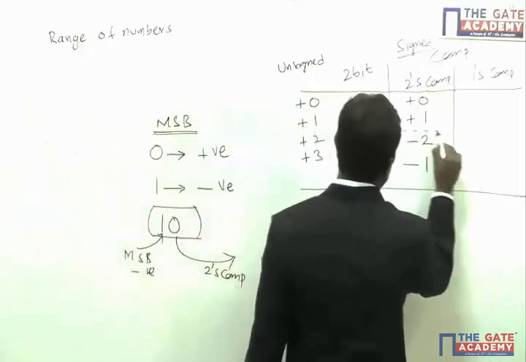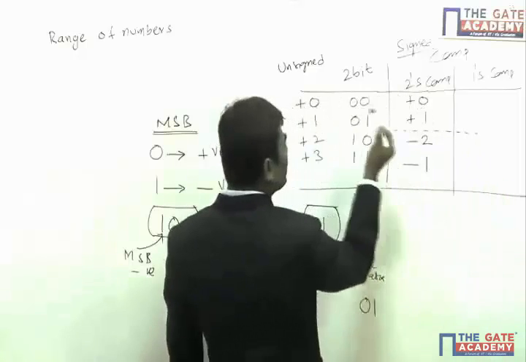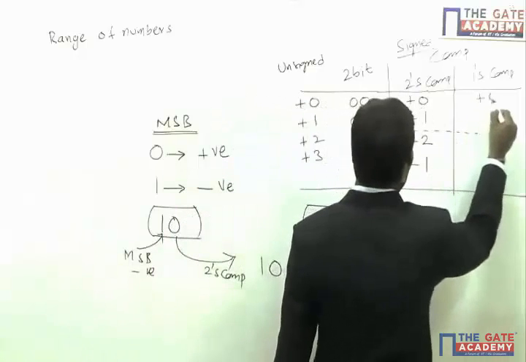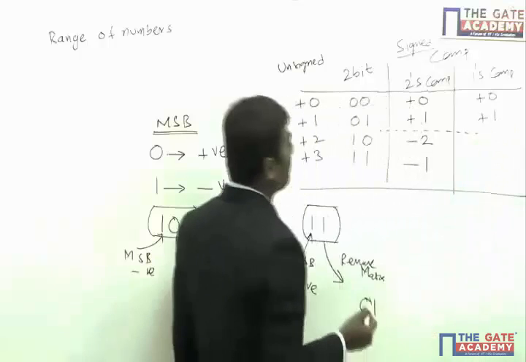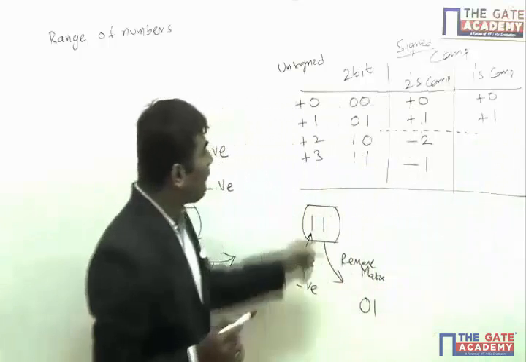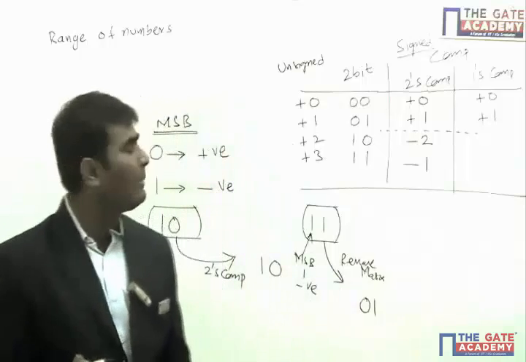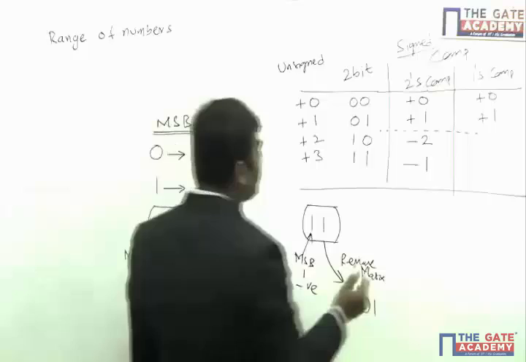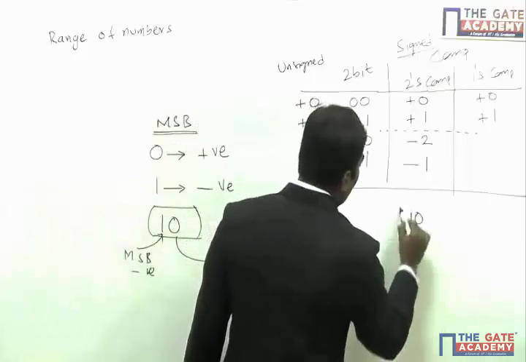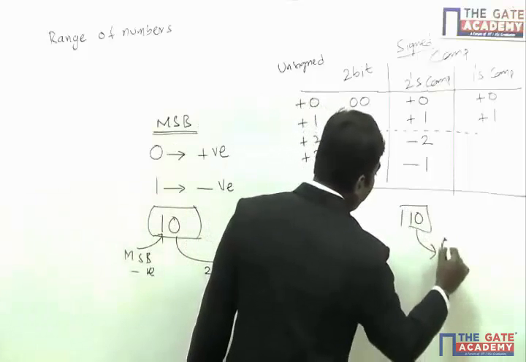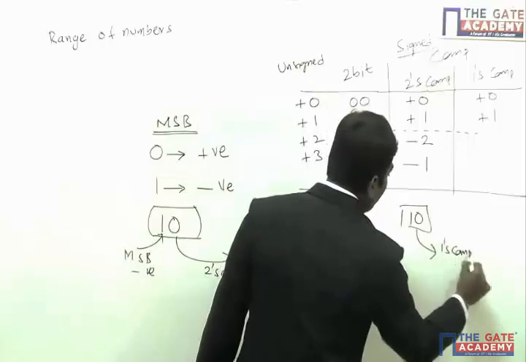Now go ahead with the 1's complement representation. MSB bit 0, so it is positive, so you need not worry, plus 0, and this is plus 1. Coming to 1 0, the 1 means this fellow is wearing a mask, a negative number. So what am I supposed to do? Remove that mask by applying 1's complement. Apply 1's complement to this number.